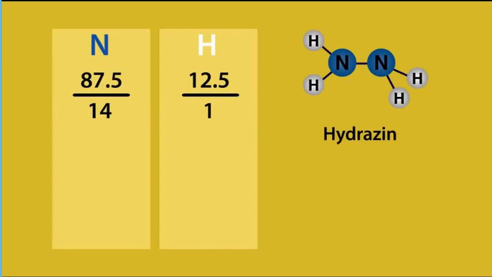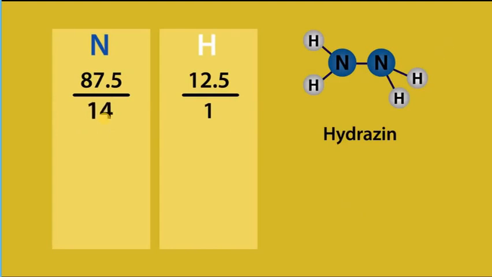But here in this case, the nitrogen is 87.5%, and for you to get to 100, you're left with 12.5. But what is important is how you divide by the relative atomic mass. That's the important part that we must follow step by step. Please try to follow it step by step.